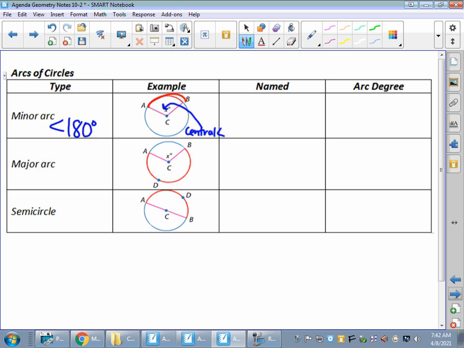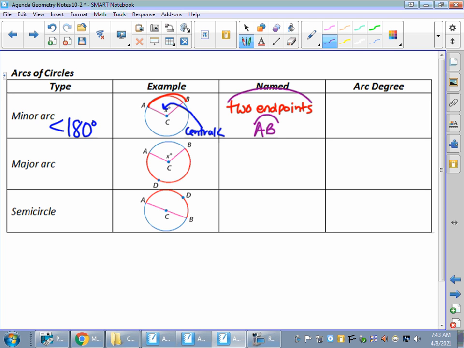So when we name a minor arc, we're going to name it with two endpoints, with the big old arc symbol above it. So in this example, we would have ourselves an arc AB. It's a minor arc. It's less than 180 degrees.